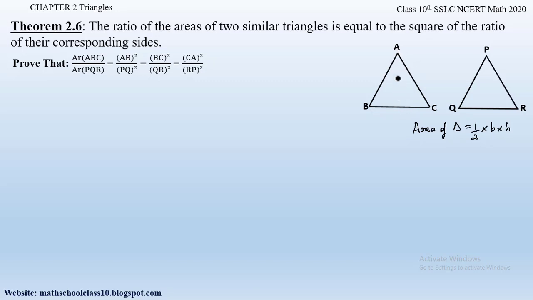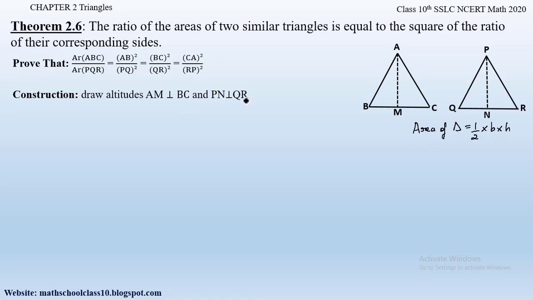There is no altitude or height of these two triangles given. So for that we have to do a small construction and draw altitudes, that is AM perpendicular to BC and PN perpendicular to QR, so that we can calculate the area of these two triangles ABC and PQR. So we make a construction by drawing altitudes AM perpendicular to BC and PN perpendicular to QR.